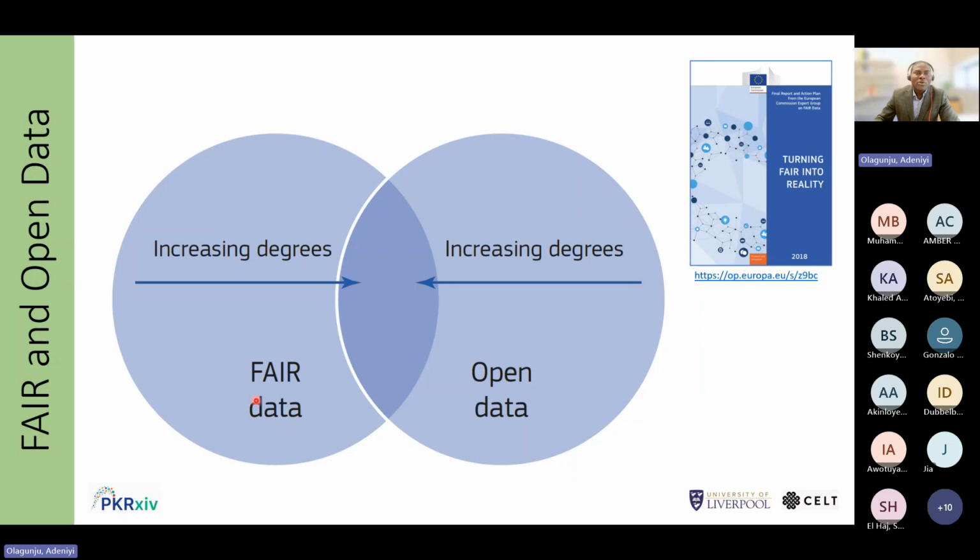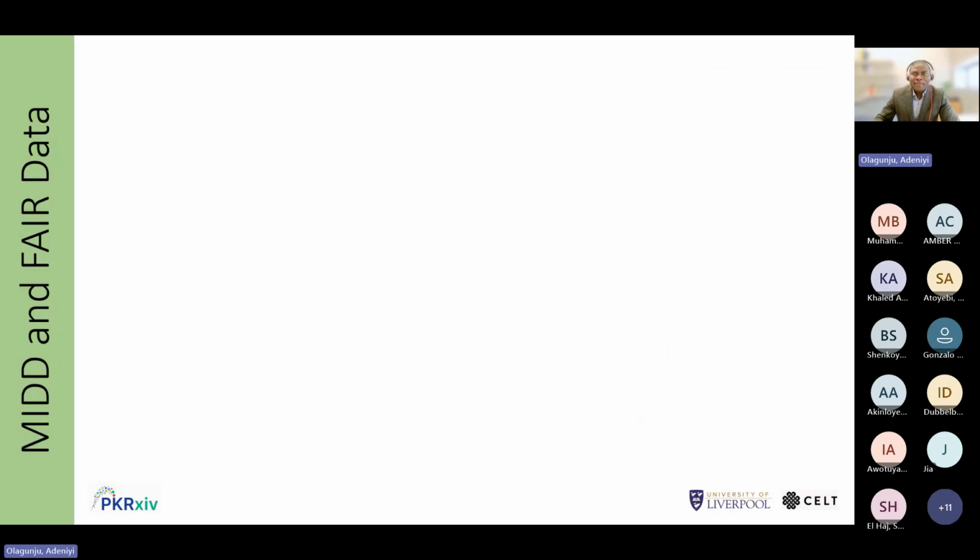And that's what we aim to do. We're trying to make the sharing of PK data on PKRxiv fair, and we're also trying to make it as open as possible. So this is where we aim to be, and we're really close to being right in the middle of this.